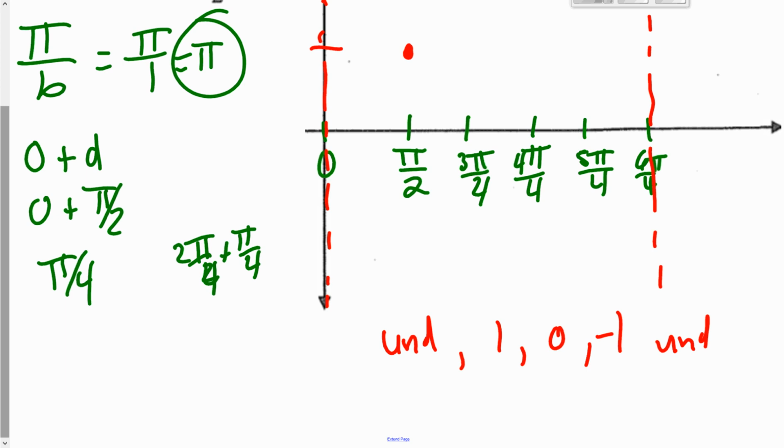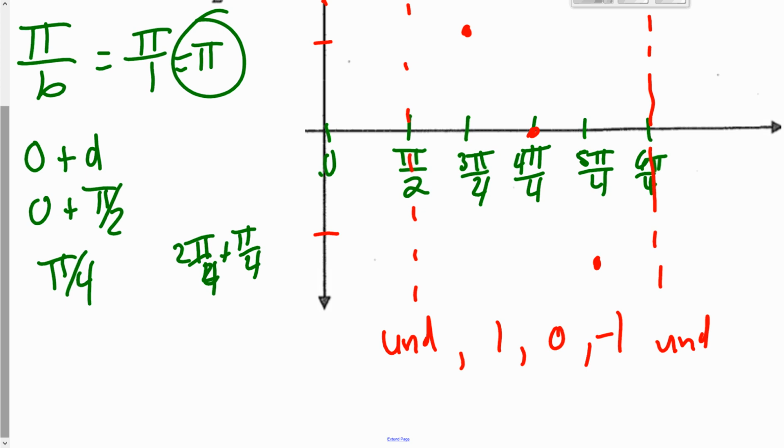Oops. My starting spot is not 0 anymore, right? So I need to erase that. My starting spot is at pi halves. Right? So then the first one is at 1. Actually, technically, this would be my second one, right? Because my first one's at undefined. Then 0, then negative 1.